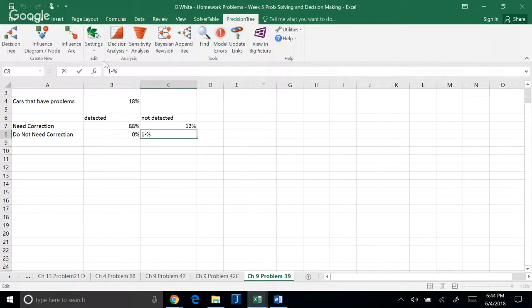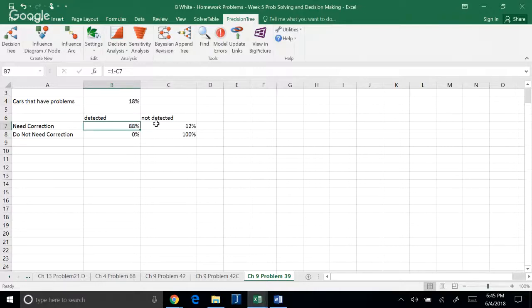There we go. All right. So that is your inverses on this problem: you will have 88% rate that needs correction and is detected, and 12% that needs correction is not detected, and then 0% that does not need correction is detected and not detected here.